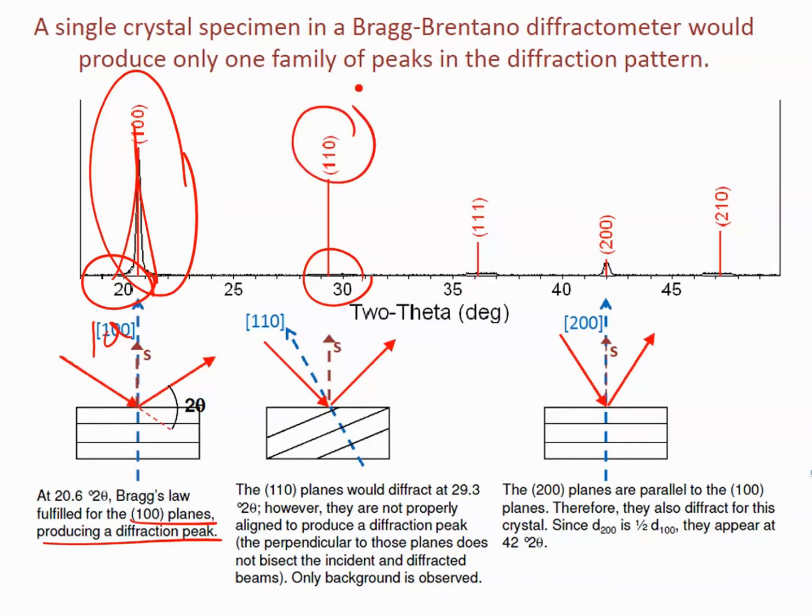So I know that the 110 plane has one atom, the 111 plane has atoms, the 200 plane has atoms, the 210 plane has atoms. Then now I can deduce what the structure of it is. Okay.